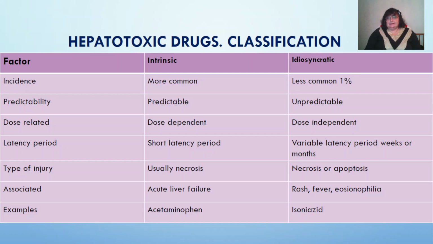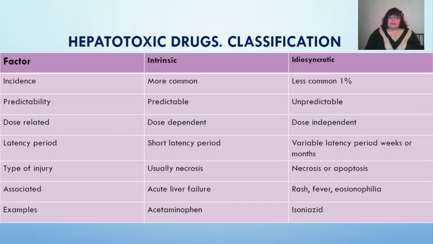Predictability: intrinsic is predictable, idiosyncratic is unpredictable. Dose related: intrinsic is dose dependent, idiosyncratic is dose independent. Latency period: short latency period for intrinsic, and variable latency period of weeks or months for idiosyncratic.